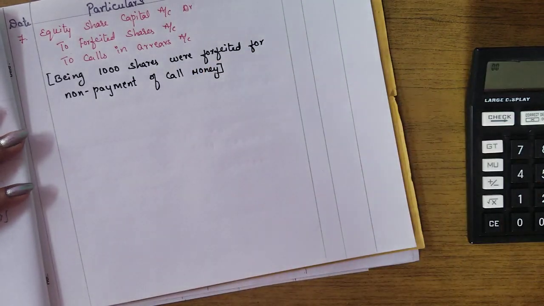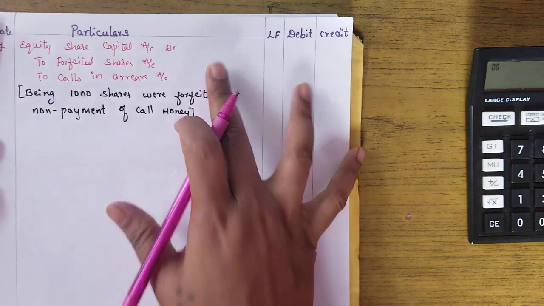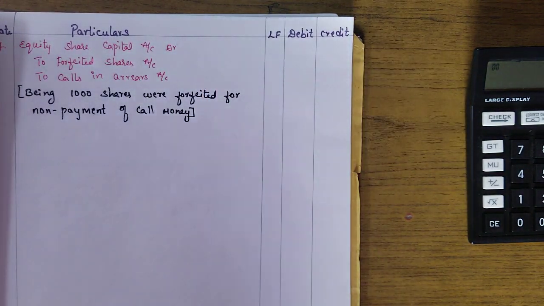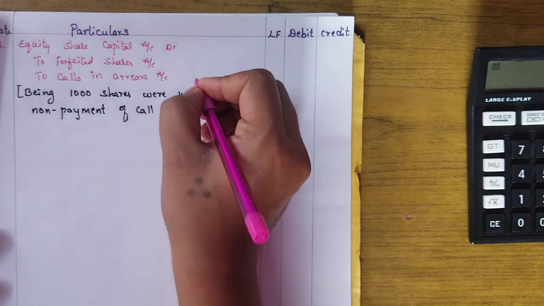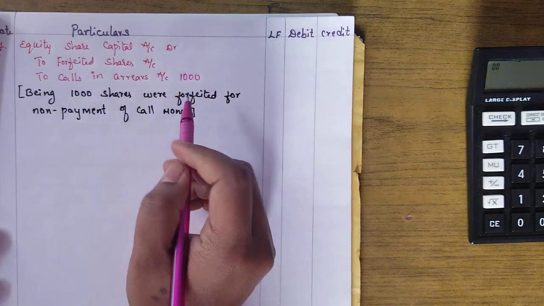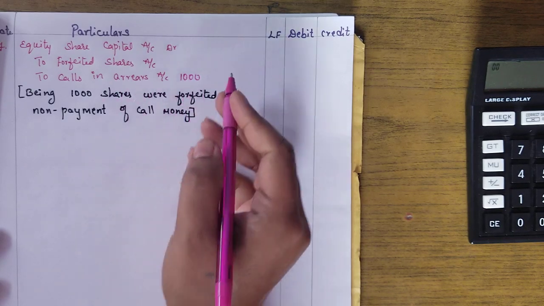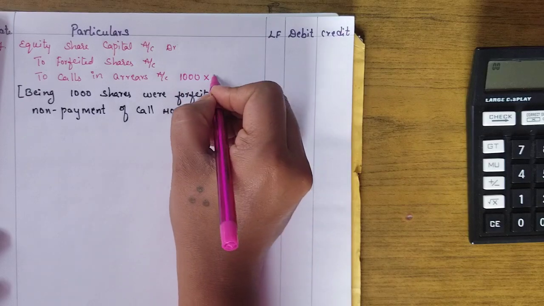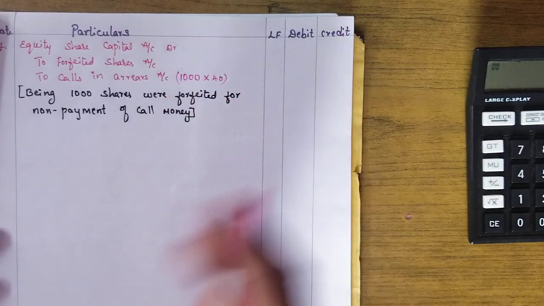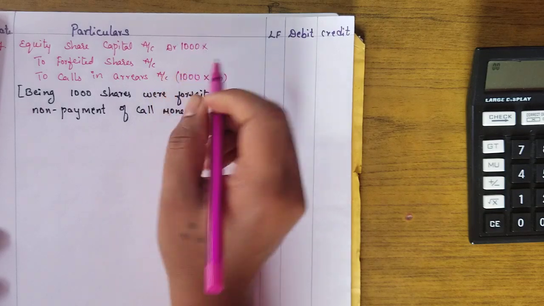Okay, so how do you calculate? From here we need to take only the number of shares which is forfeited, so that is 1,000 shares you can take from the calls in arrears. Okay, so 1,000 shares were made as calls in arrears which is not paid, into 40 rupees is the first and final call. Same 1,000 shares into face value.